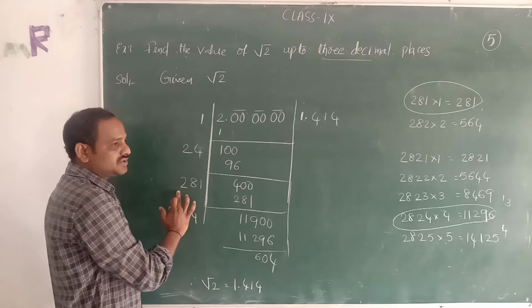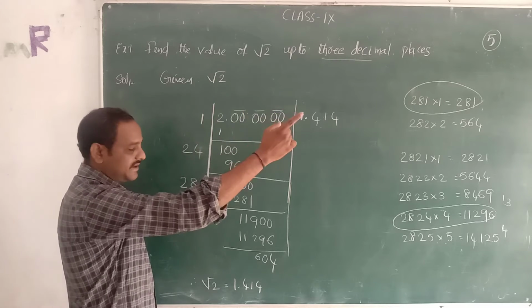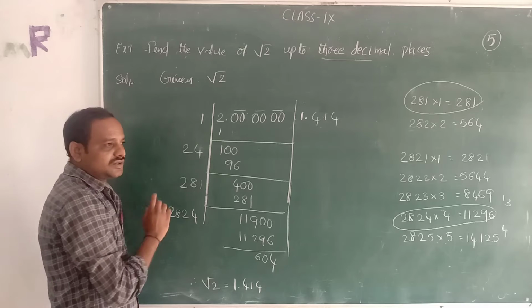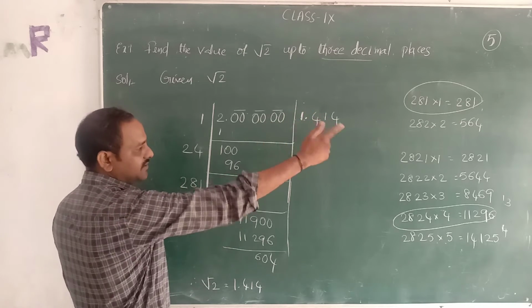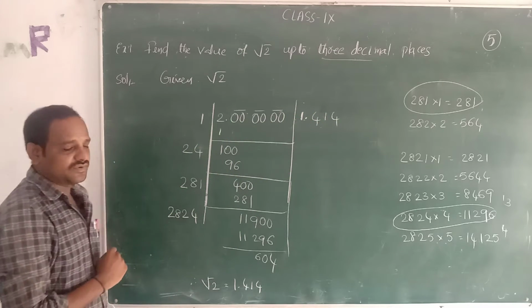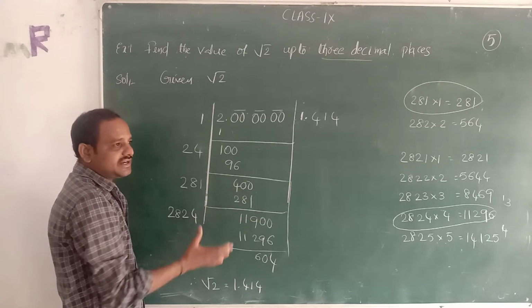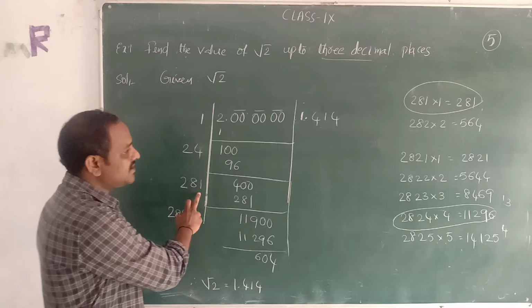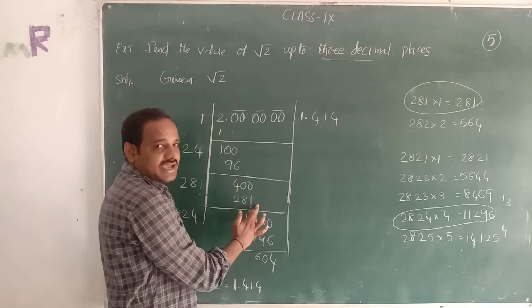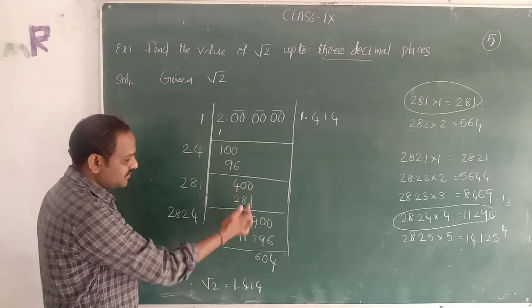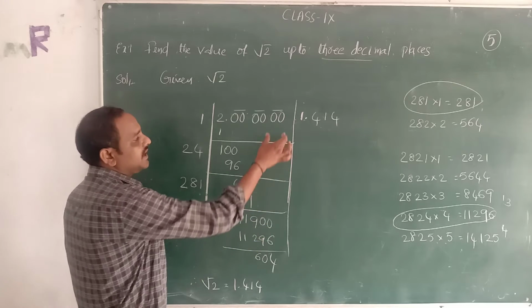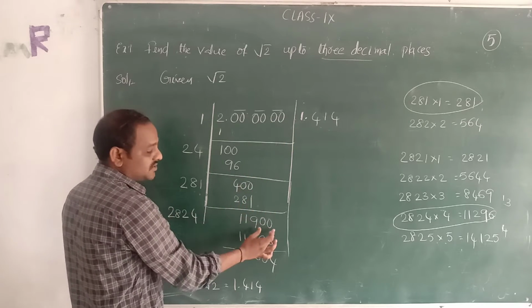So 281 times 1 we got 281. 282 times 2 is 564, which is greater than 400. So that is why we took 281 times 1 equals 281.